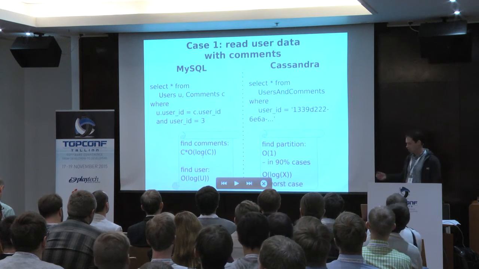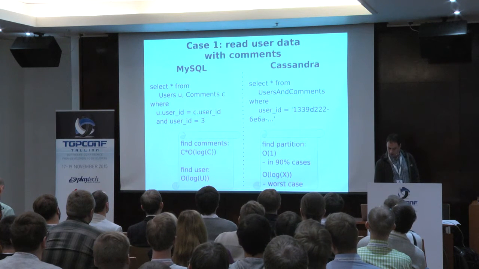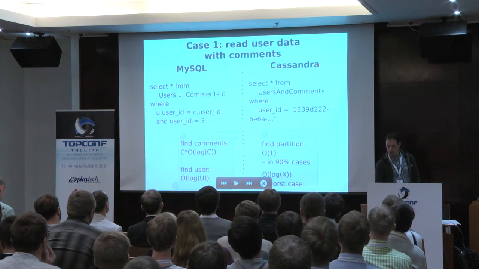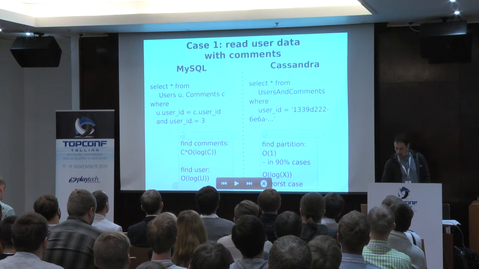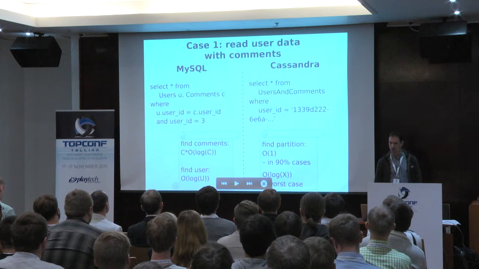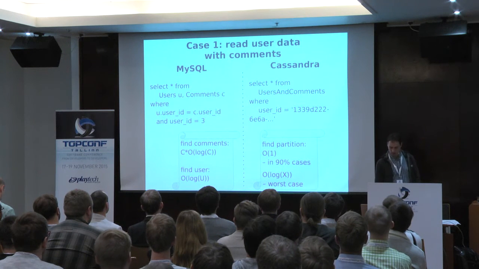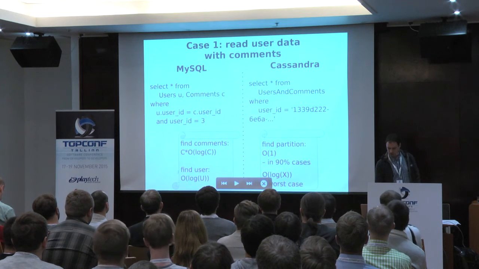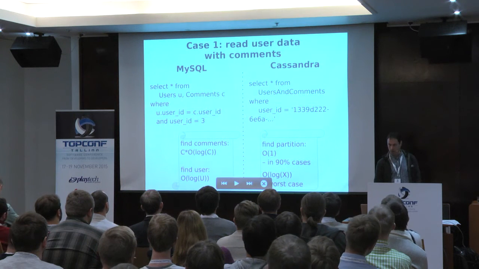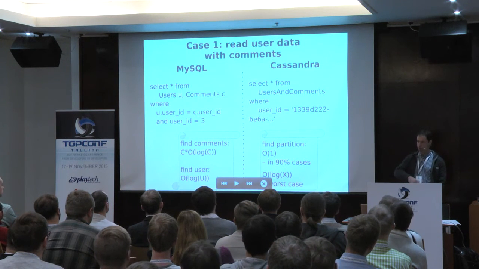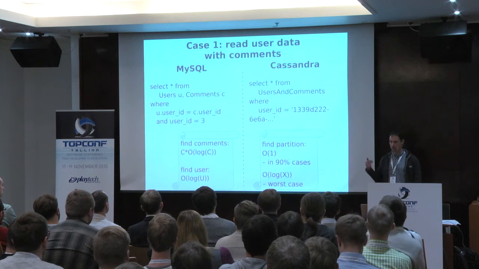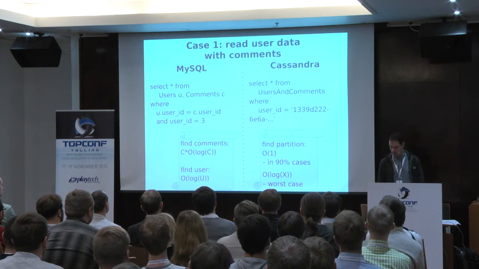First we find comments by user ID index, and it's some kind of logarithmic time multiplied by some number of comments. And another lookup we have to do, we just have to look up into users table and find name and surname information.